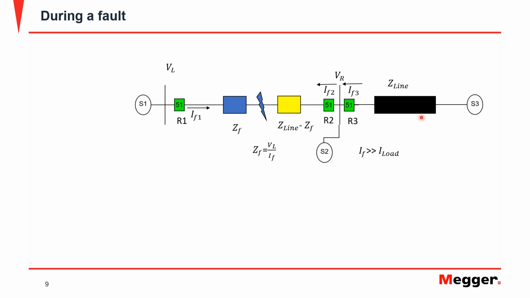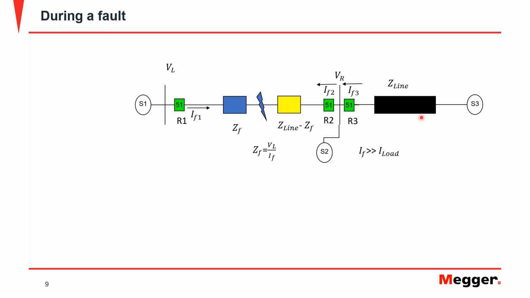Now, for this reason, and we can use a great number of different examples to justify the need, we need a function or a relay that is capable of figuring out in which direction, or where, the fault happened in the system, and to block the operation of its outputs if the direction of where the fault occurred does not correspond with the direction the relay should be looking into.